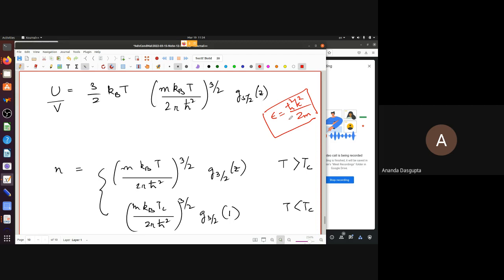Three by two kBT is the average value, not the lowest value. I'm talking of this quantity, epsilon equal to h cross square k square by 2m. That's the energy of a particle in a given state with the wave number k. What is the lowest possible value which this will have? In fact, we have used this. When we say things like mu cannot exceed a particular value, we have used the fact that energy cannot go below a particular value. Which is what?